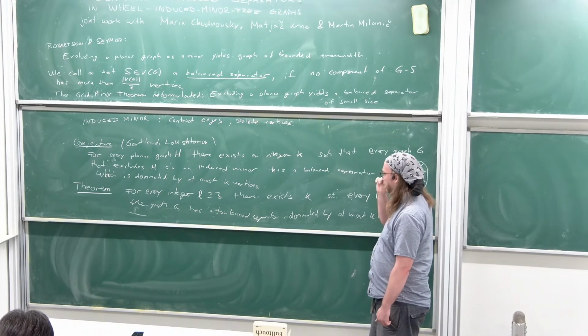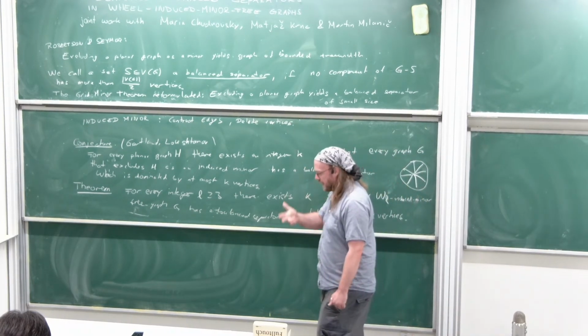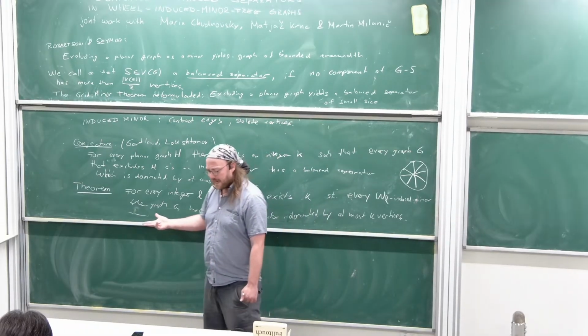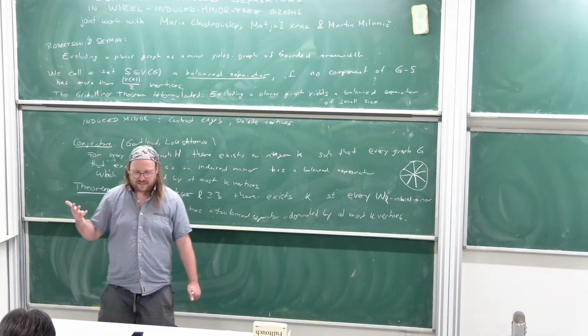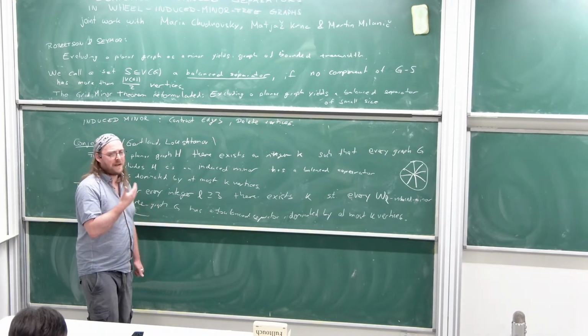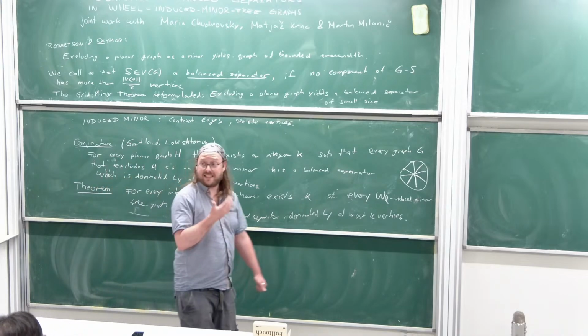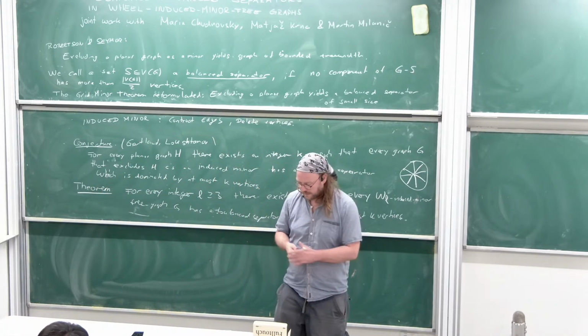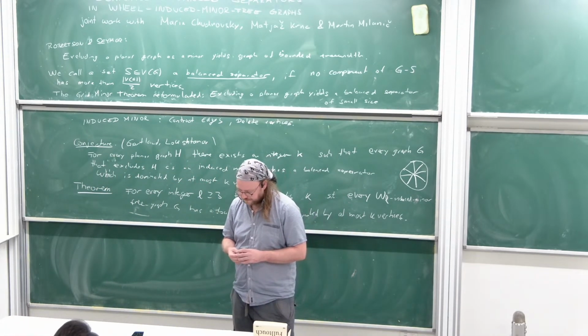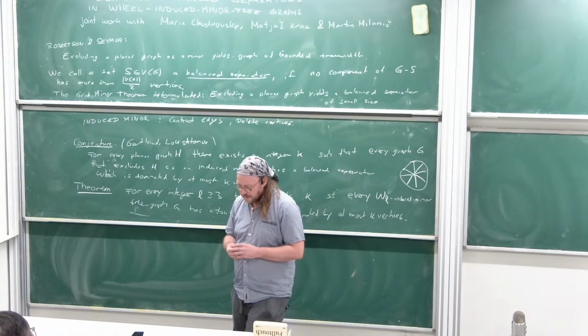So if we exclude some planar graph as an induced minor, and our graph itself has bounded maximum degree, then it has even bounded tree width. That's what Tuukka proved.